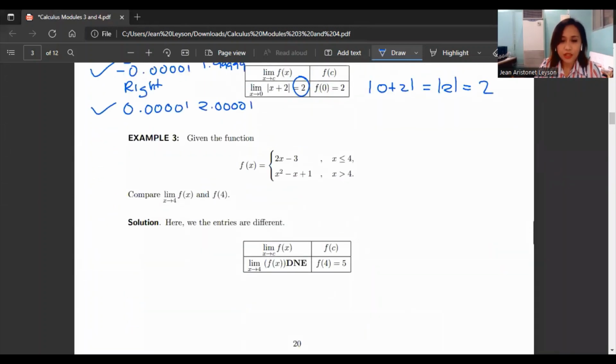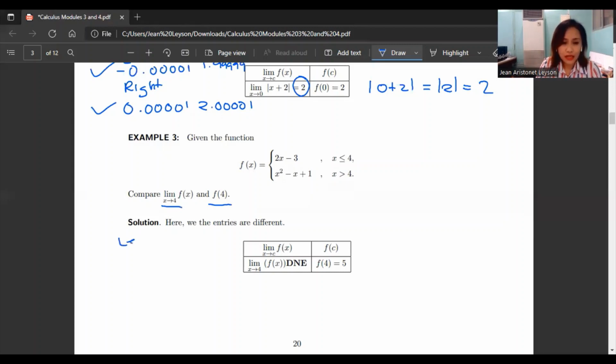Third example. Given the piecewise function, f of x is equal to 2x minus 3 if x is less than or equal to 4, and x squared minus x plus 1 if x is greater than 4. Let's compare the limit of f of x as x approaches 4 and f of 4.